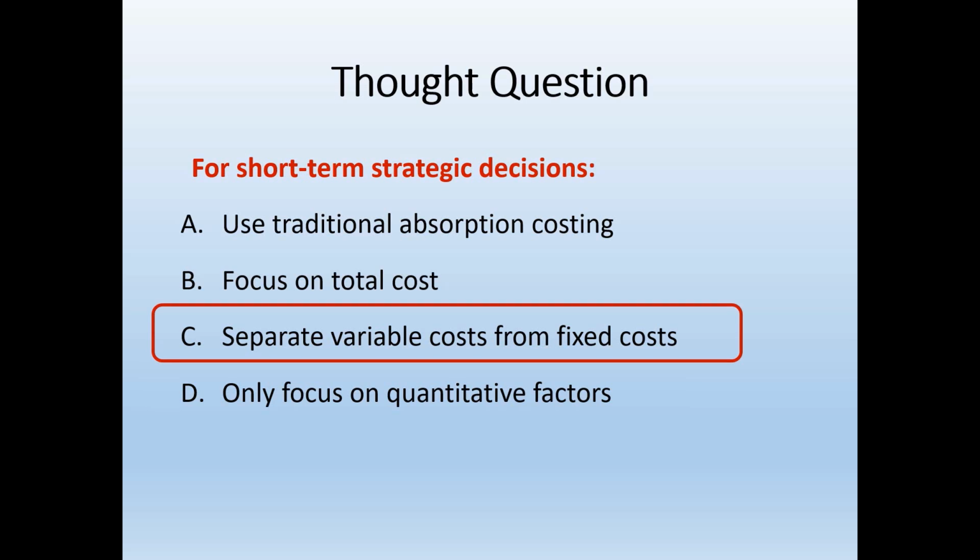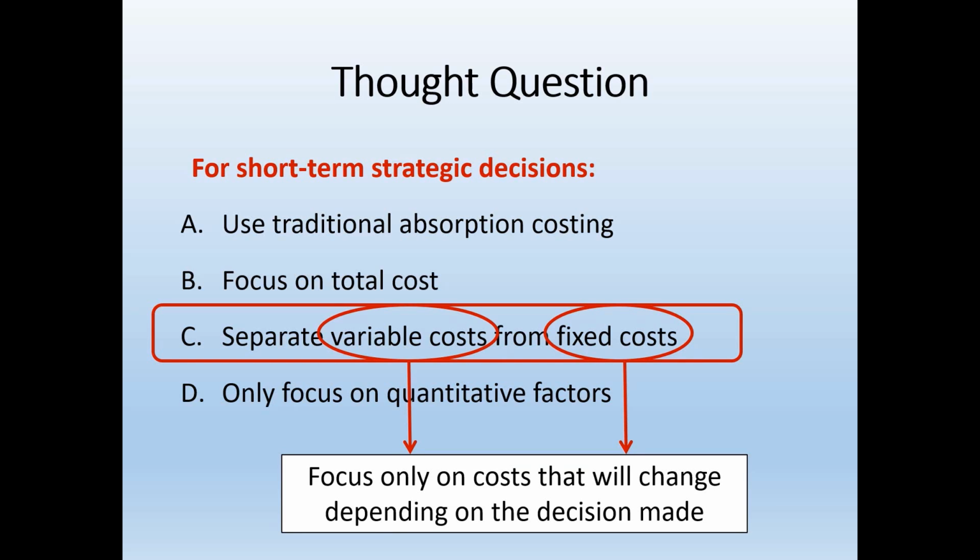That's right. You should separate the variable costs from the fixed costs. These costs don't behave in the same way. So you need to separate them so that you can determine which costs will be affected by the decision that you're about to make.